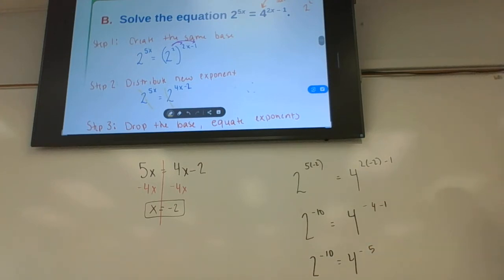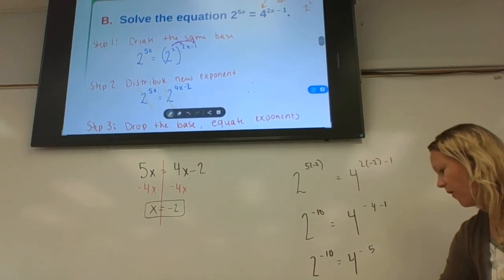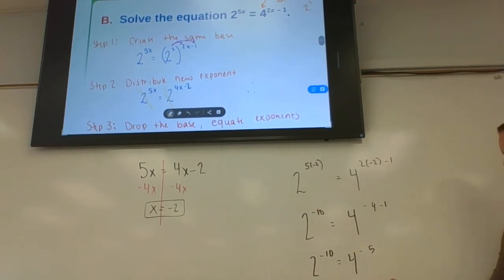And then you can just check that in your calculator. Or you can just think of 4 as 2 squared, and you can see that it's the same. You're not required to check. So, yes, exponents are negative. It's just that we don't leave negative exponents in answers. We write them in front. That was a good question. Anyway, the left and the right do equal when you plug in the answer.